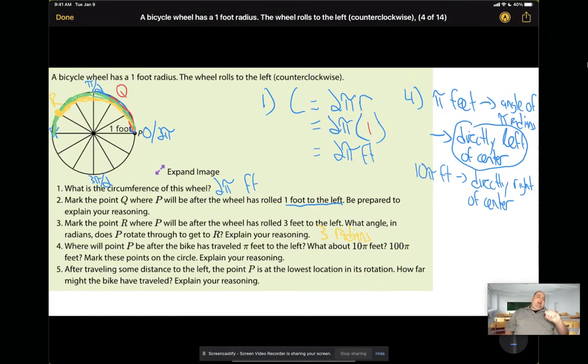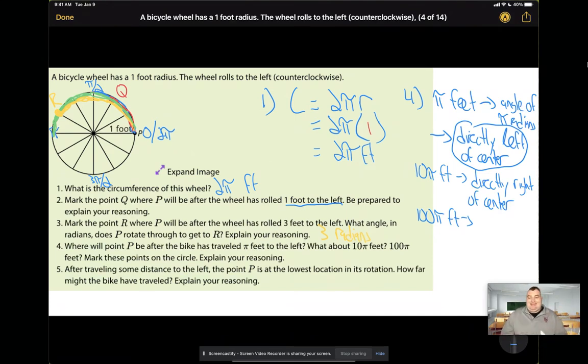Every time the wheel does a revolution, it's 2 pi feet. So at 100 pi feet, it would be the same thing, because 10 pi would be 5 revolutions, 12 pi would be 6 revolutions, 14 pi would be 7 revolutions, and so on and so forth. So 100 pi would be 50 complete revolutions of the wheel.